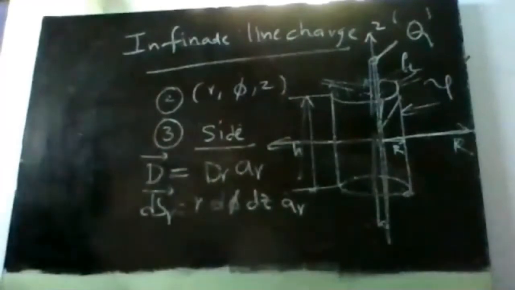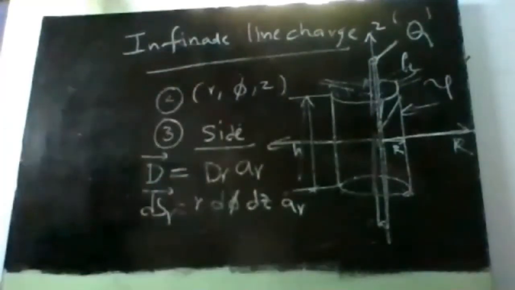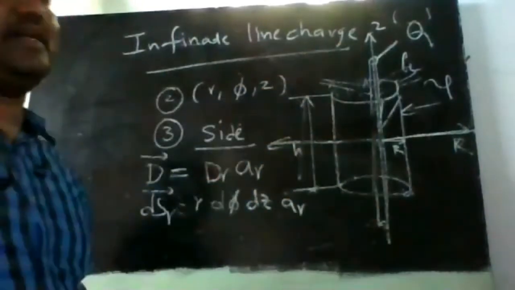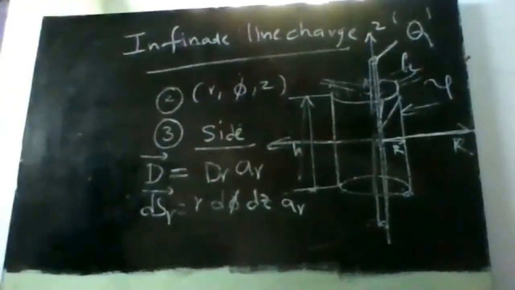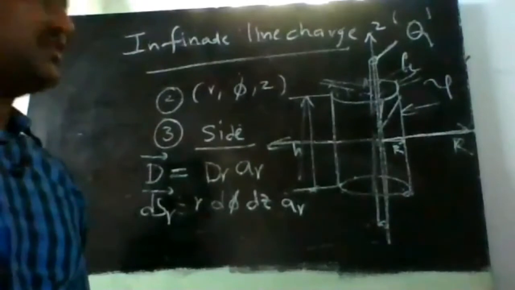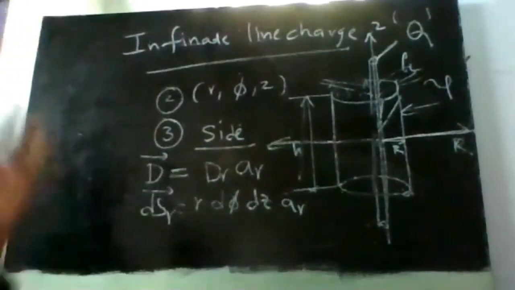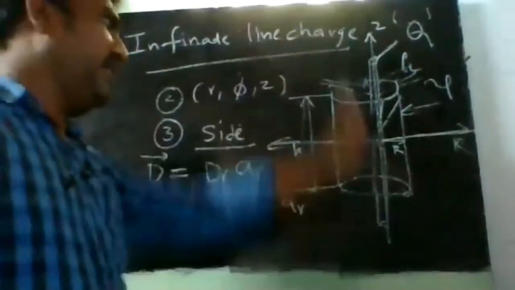Just a quick recap of what we have done till now, and then let us go to the fourth and fifth steps. I have considered an infinite line charge. Infinite line charge means a line charge having a length of infinity. So it is having infinite length.